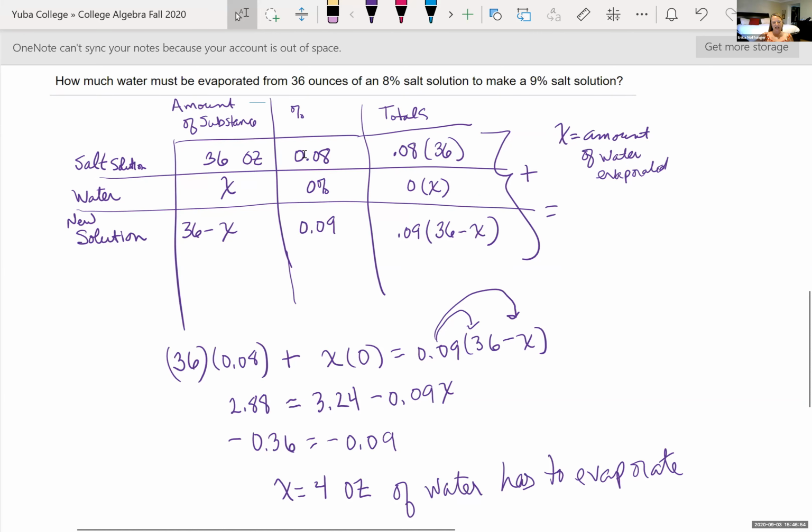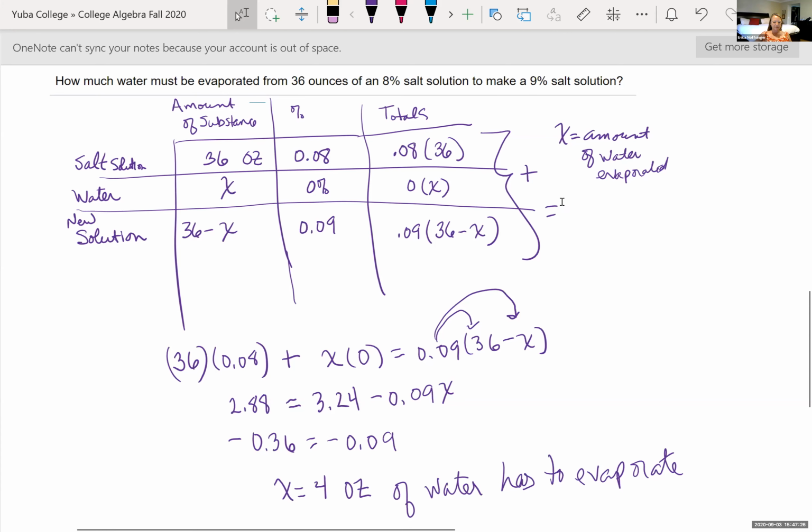I'm trying to think of something that might be easy for you. So if I wanted 75% of $20, I would find that total amount by taking the percent, 0.75, times the $20. And that would give me the total of what 75% of that is.